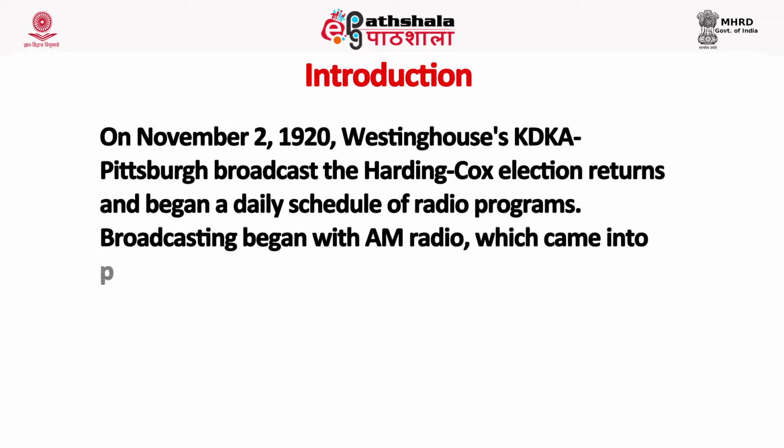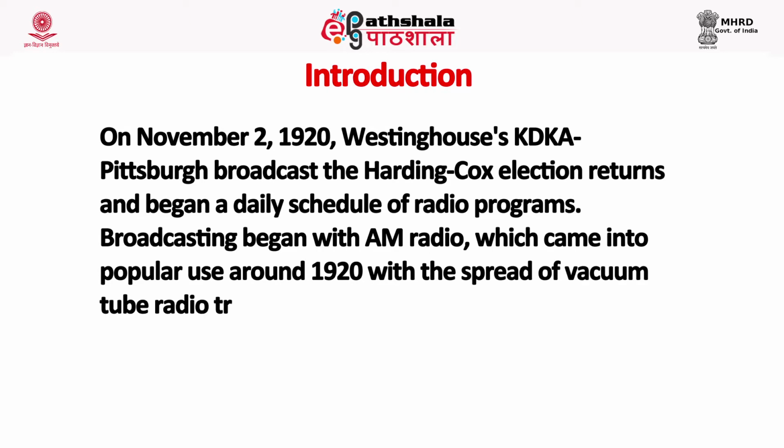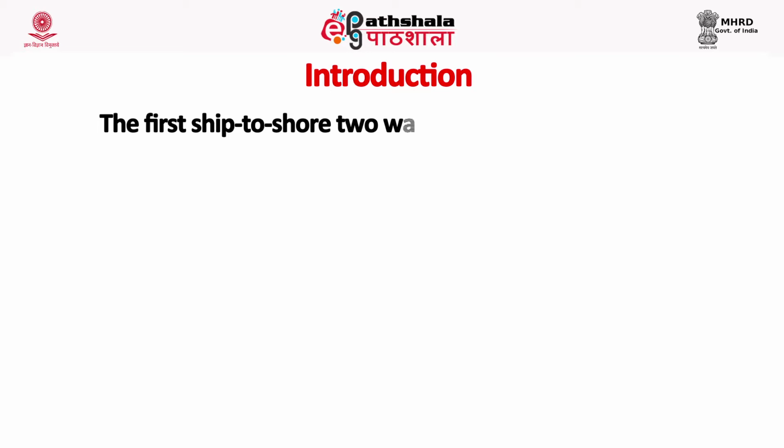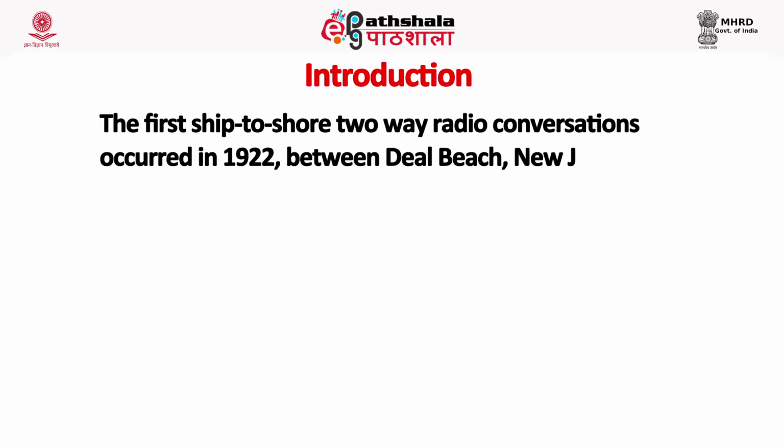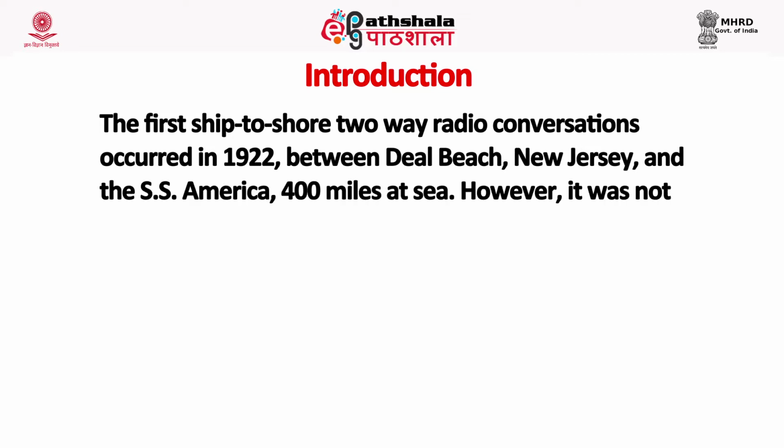Broadcasting began with amplitude modulation radio, which came into popular use around 1920 with the spread of vacuum tube radio transmitters and receivers. The first ship-to-shore two-way radio conversation occurred in 1922 between Deal Beach, New Jersey and the SS America 400 miles at sea.